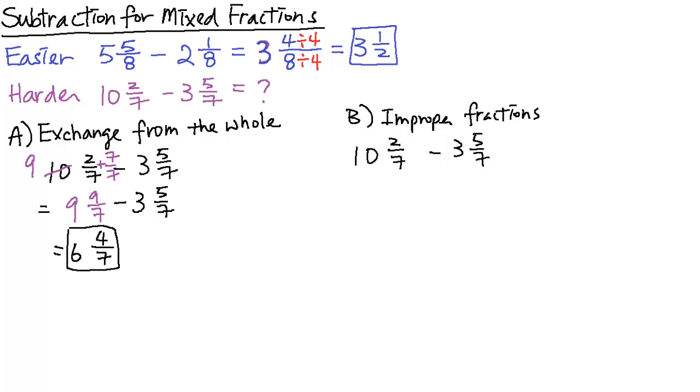In order to change it to an improper fraction, we need to multiply the whole number with the denominator and add the numerator. So I would like to show you the steps. And we have 7 times 10 plus 2, which will give me 72.